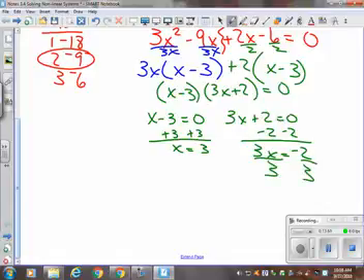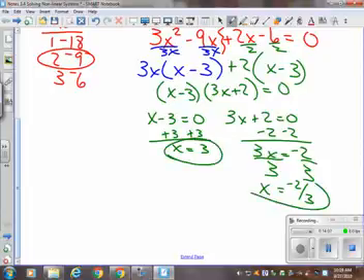Well, let's think that through. The opposite of adding is negative 2. The opposite of multiplying is dividing. I could just think what the opposite is and make a fraction. And that doesn't reduce. So my two answers are what I get. That would be the x's for where they would cross.